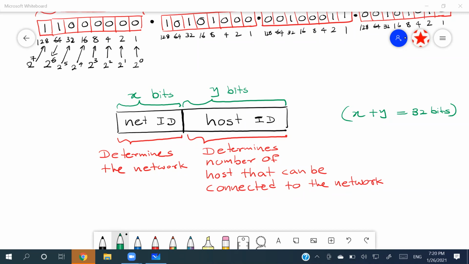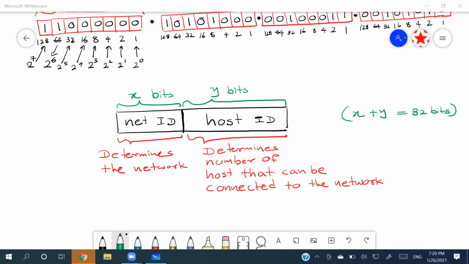Okay, so now since we know the net ID and host ID, due to the arrangement of net ID bits and host ID bits, there are several different classes into which the network field is divided. All the IP addresses in the world's network field are divided into classes. The IPs divided into classes are called classful IPs, an IP address that has a class.